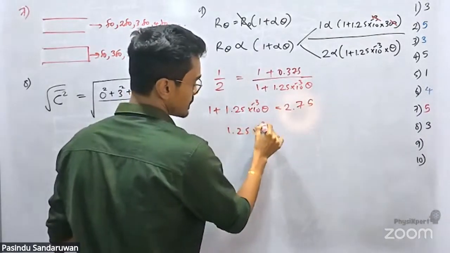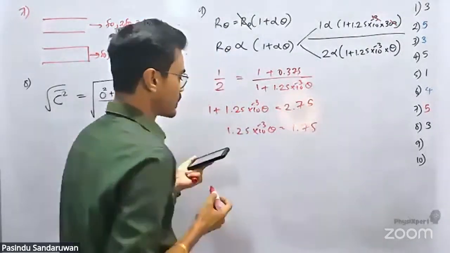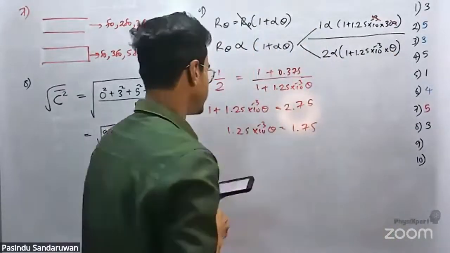Then 1.25 times 10 to the power minus 3 theta equals 2.75 minus 1, which is 1.75.